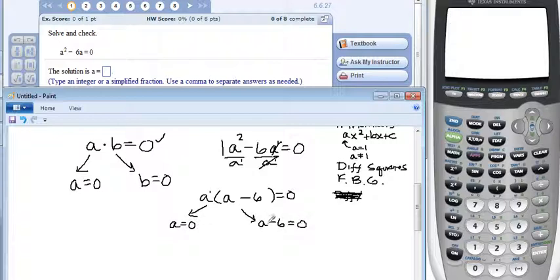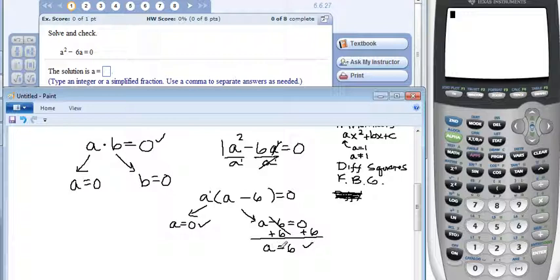One of the two has to, or both, but one of the two has to happen. Well, this one's one answer. A is equal to 0. There's one answer. And here I've turned my quadratic into a very simple linear equation that I can solve. I'll add my 6 across. So A has to be 6. There's my other solution. Remember, I'm looking for up to 2.